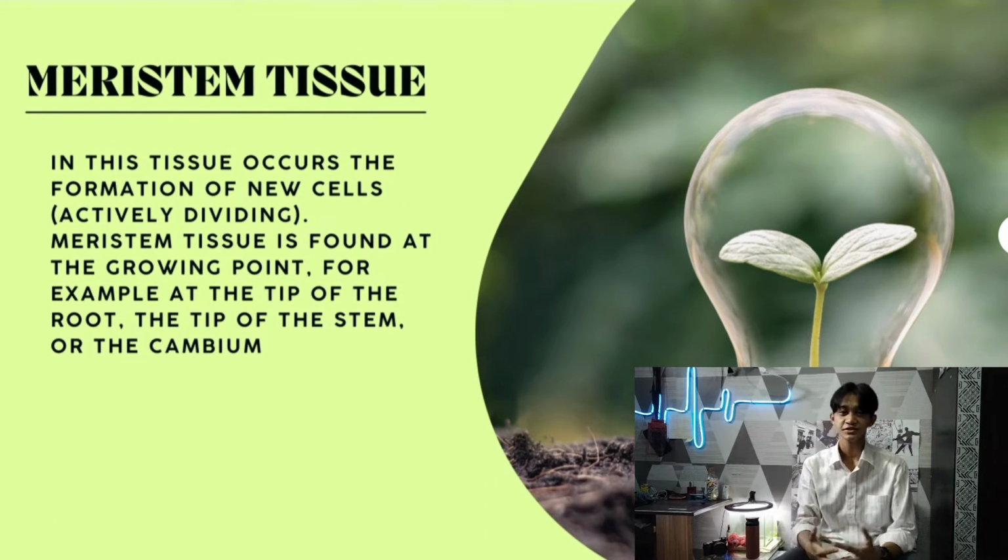Okay, the first, meristem tissue. In this tissue occurs the formation of new cells, actively dividing. Meristem tissue is found at the growing point, for example, at the tip of the root, the tip of the stem, or the cambium.